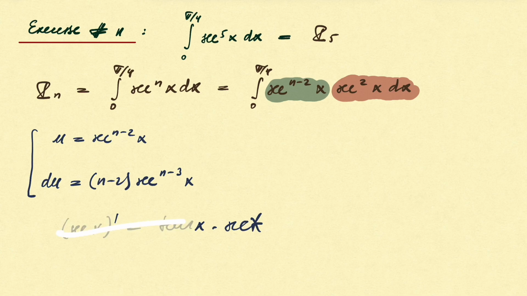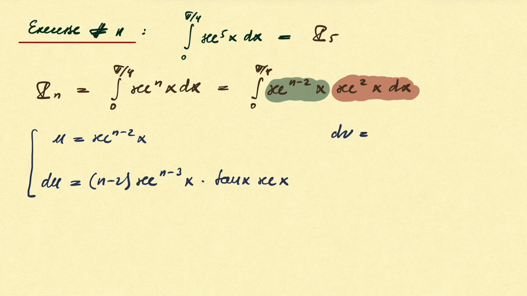So we can write this as multiplied by tangent of x secant of x. Okay, we finished with u. Let's see our dv, and we took it as secant squared of x dx. Then it means that v will be, as I mentioned earlier, tangent of x, because the derivative of tangent of x is secant squared x.